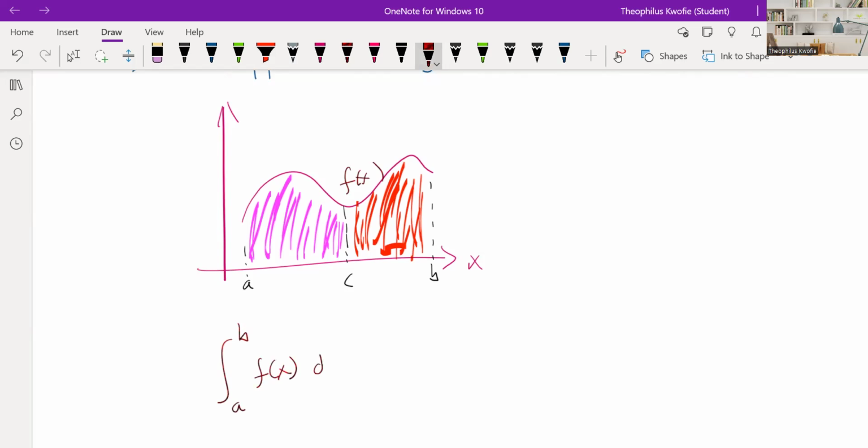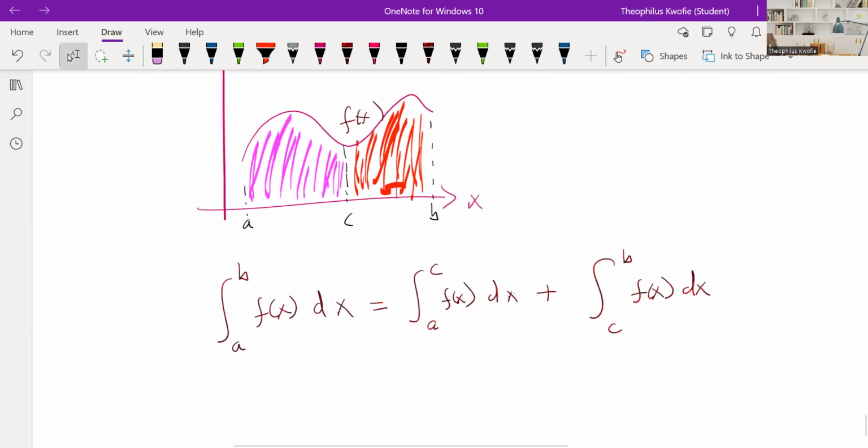For me to do that, first I need to move from A to C of the function, okay? Then we add that area to the area when we move from C to B. Is that okay? So this is what we are going to get when we do the splitting.